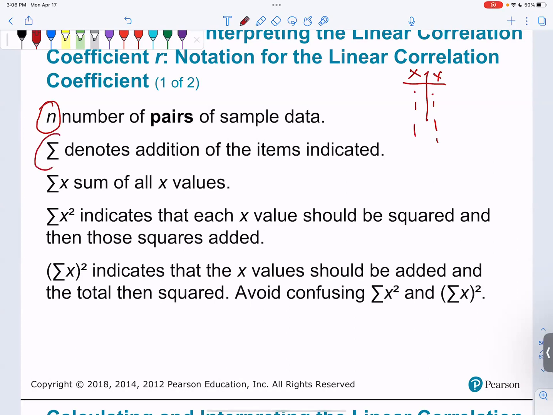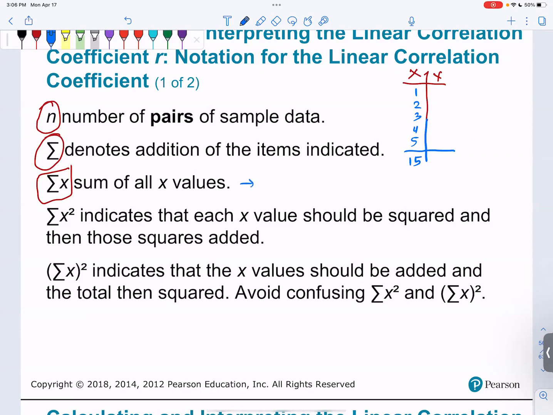And then we call this summation. And this is the sum of X. So if we have, let's say, 1, 2, 3, 4, 5, then this summation equals 15.